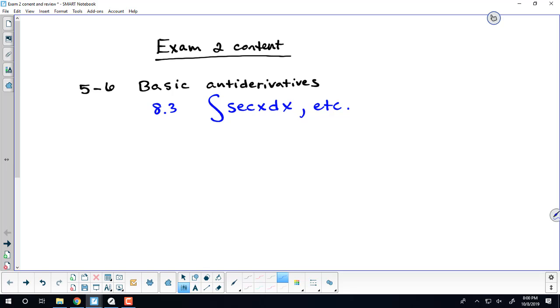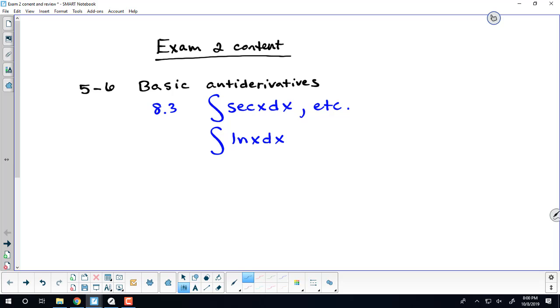You should just know those because we've seen those come up in trig substitutions, or know how to get them either way. Natural log of x, those kinds of things. There's really not a technique involved per se, other than just knowing what they are.